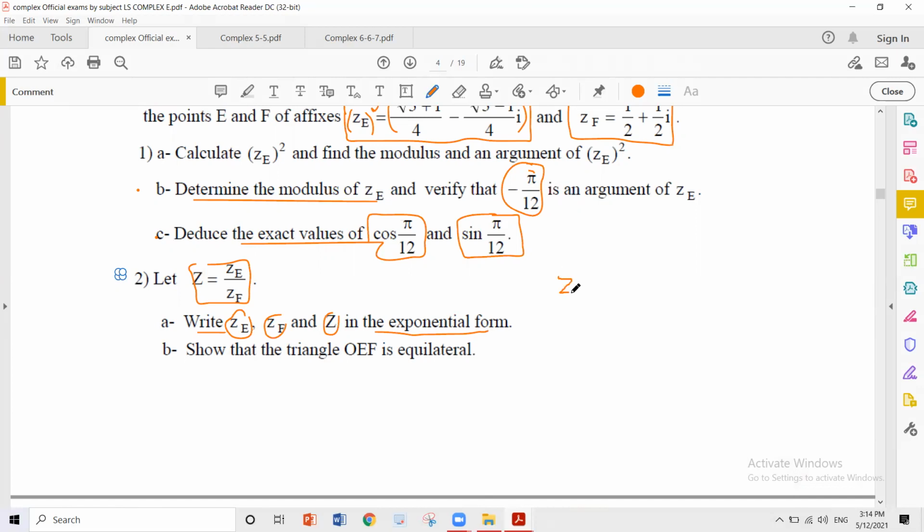ZE لأين؟ شو بده يطلع الاكسبوننشال فورم من ZE؟ Equals radical 2 over 2 E minus I pi over 12. هذا ZE.